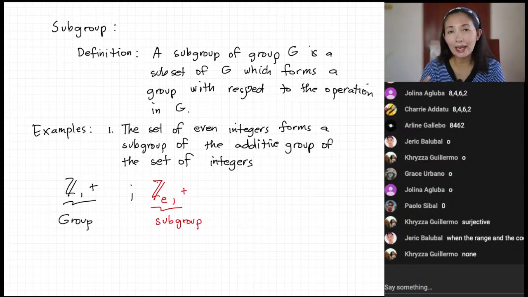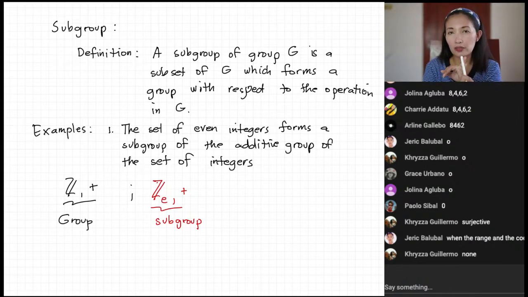When we add any two even numbers, the result is an even number. So that's satisfying closure property. For example, 2 plus 0 is 2. 0 and 2 are both even. 2 plus 4 is 6. 6 is even. 2 and 4 are even. Closure property is satisfied.